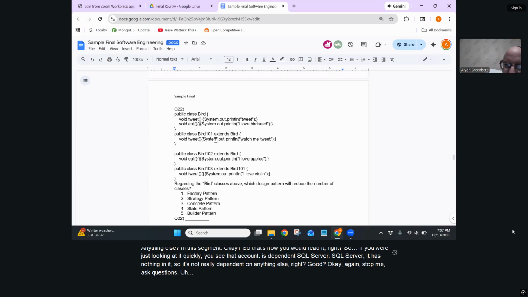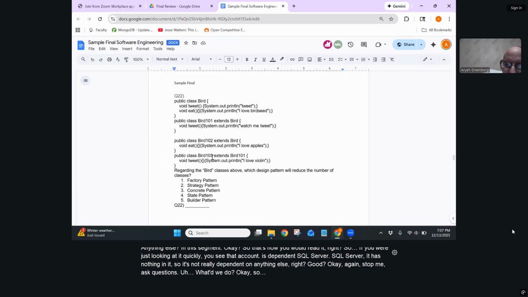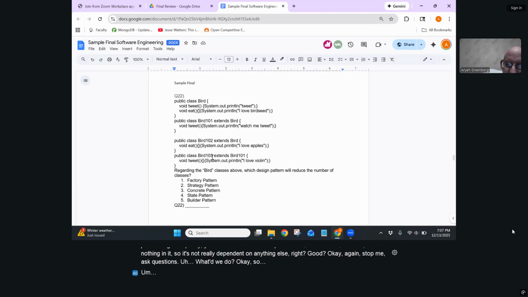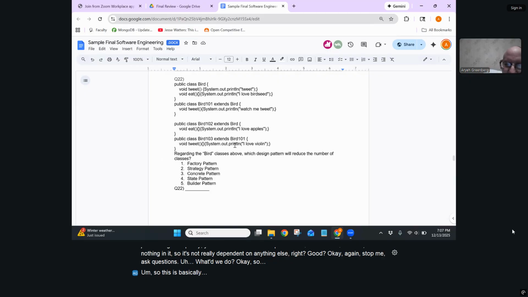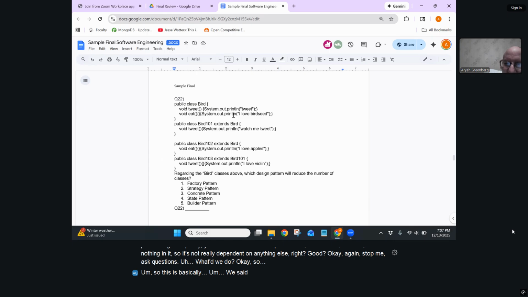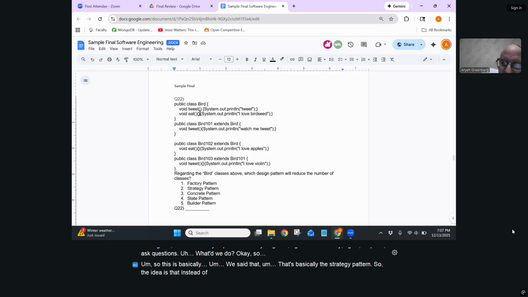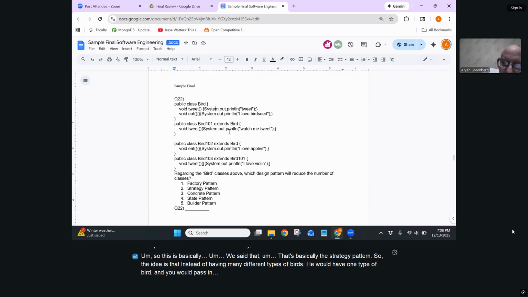Okay, so we said that this is basically the strategy pattern. The idea is that instead of having many different types of birds, you would have one type of bird and you would pass in the behavior, right?